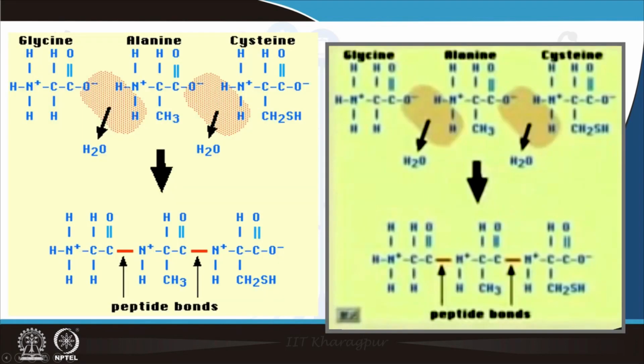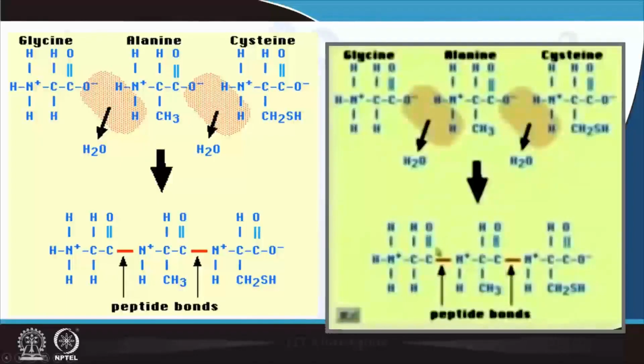Okay. Now, if we go to the next slide, we just have the one that I showed you earlier, where we have the elimination of water to form the peptide bond, and in this case we have a tripeptide, and from the R groups we can identify the peptide. Now, you understand that as we have a protein chain or a polypeptide chain, this is going to get longer and longer.